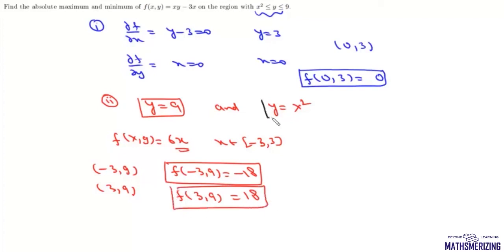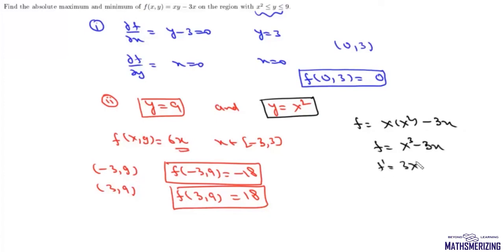And if we take y as x square, we can write this function f as x, and we'll put y as x square. So it will be x square minus 3x. So this function f will be x cube minus 3x. F dash will be 3x square minus 3, and it is equal to 0. So we'll get the value of x as plus or minus 1.